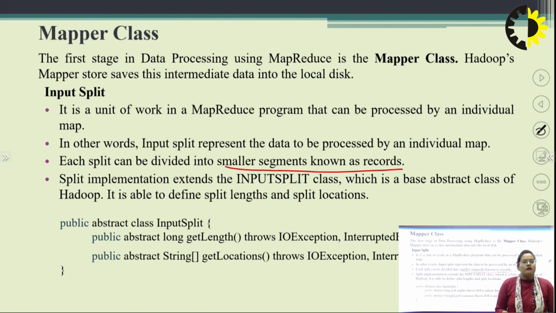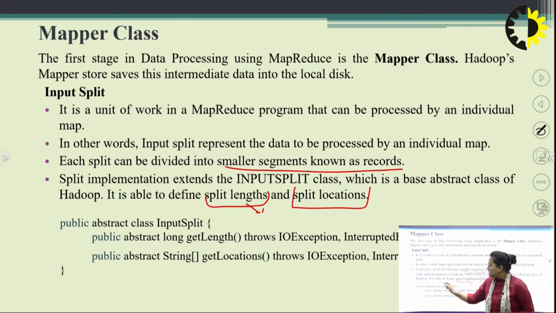It is able to define split length and split location. Length is basically how much length will be of a given word, and location is where the block will be stored. And this will be the map input split method.